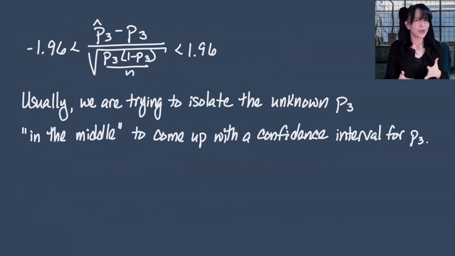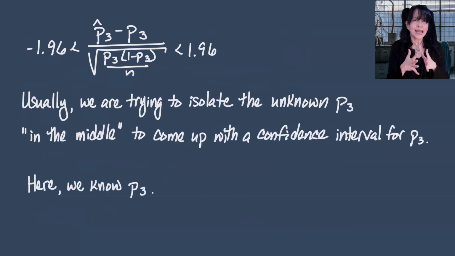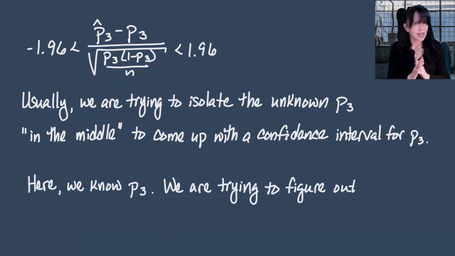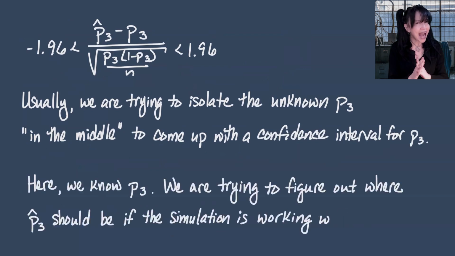However, in what we're doing here in simulation, we know what P3 is. So we're trying to figure out instead where P3 hat should be if our simulation is working correctly. So unlike a confidence interval for P3, I'm not going to take this system of inequalities and isolate P3 in the middle. I'm going to isolate P3 hat.